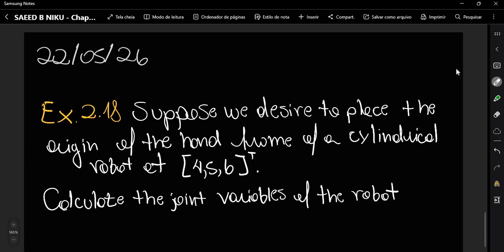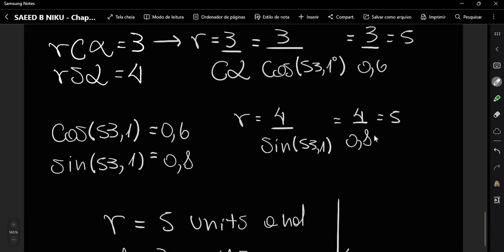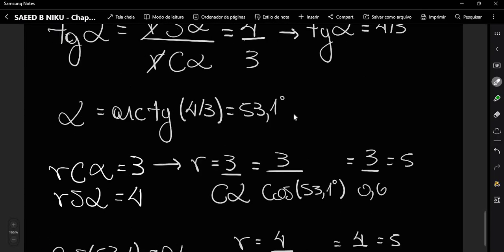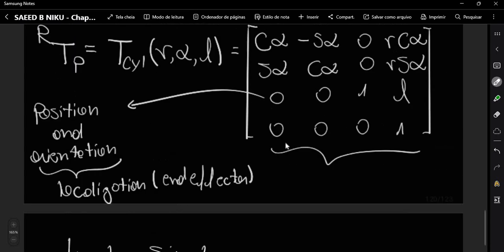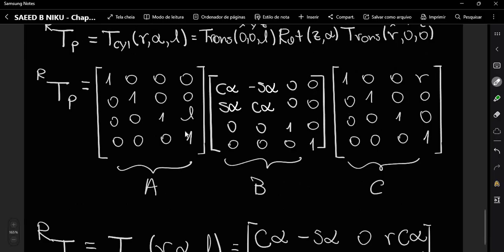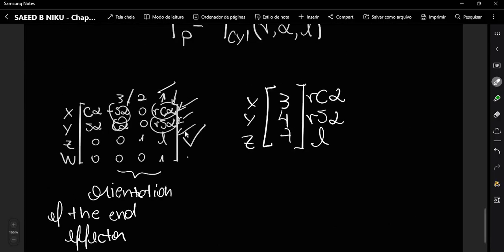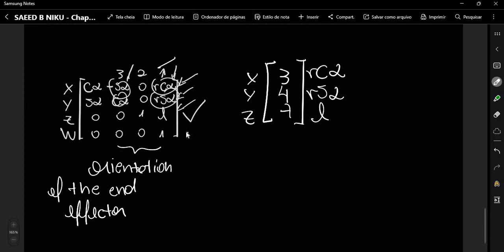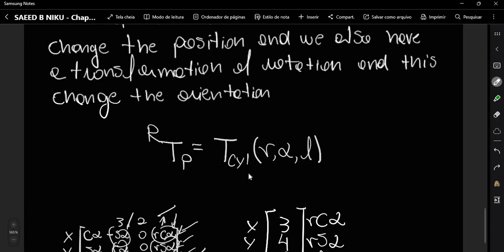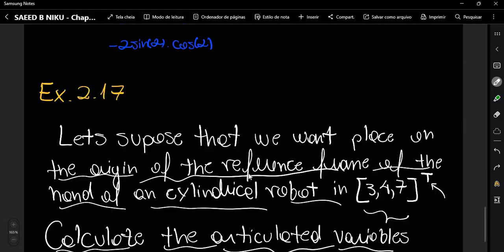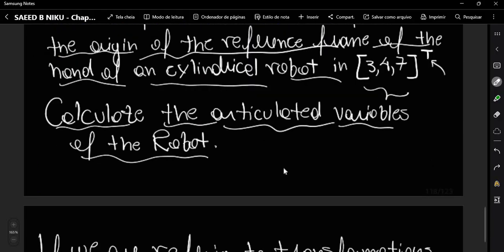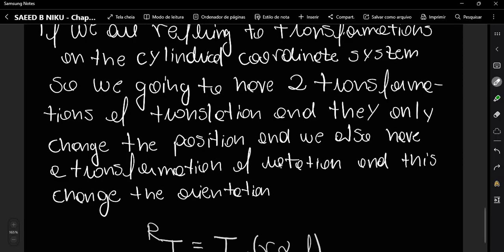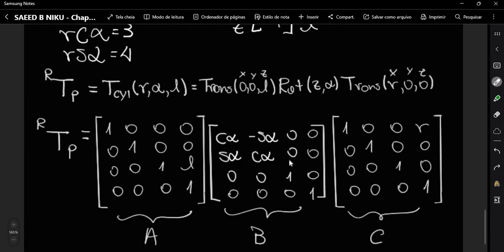As we have already made the analysis on the cylindrical coordinate, part 3, now we know that these first three columns refer to the orientation, and we can see this in the description as well.